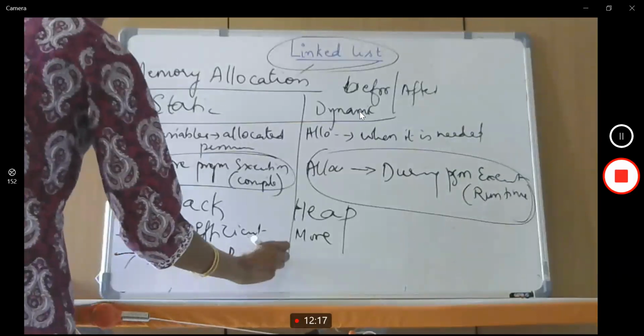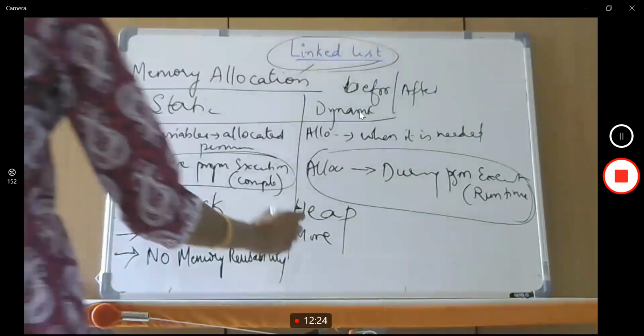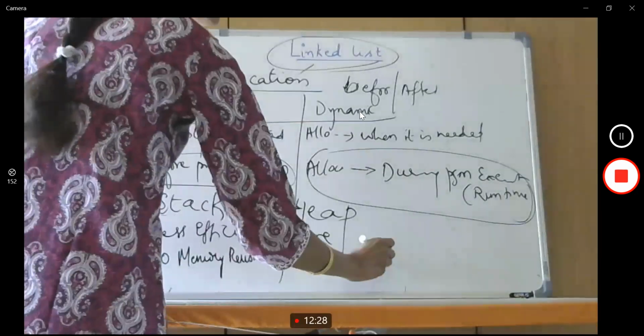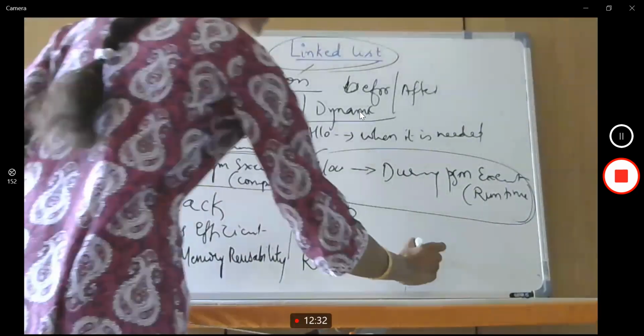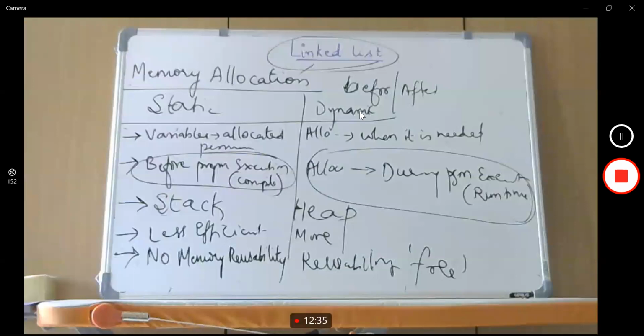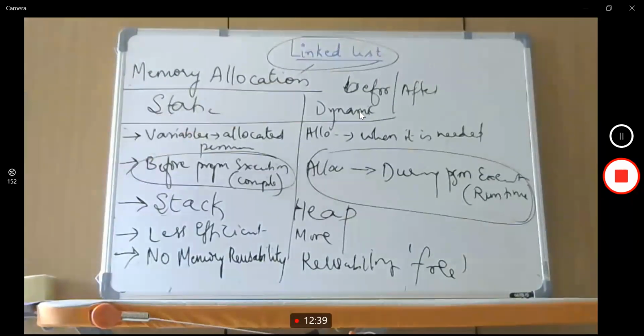That means you cannot reuse the memory again and again. Here, a lot of reusability is possible. That means when a variable is not required, you are going to free that memory. If memory is freed, you can reuse that memory. Whereas that is not possible in case of static memory.